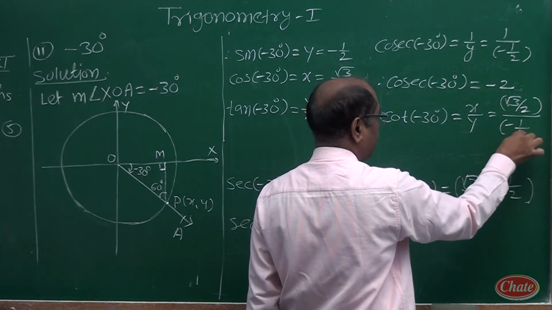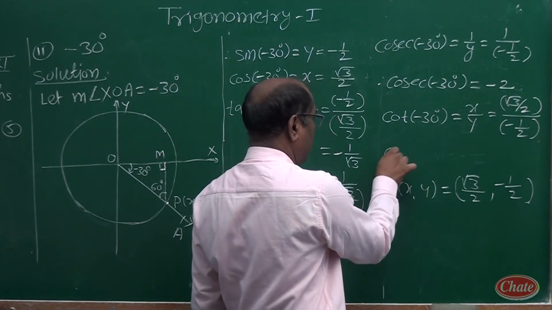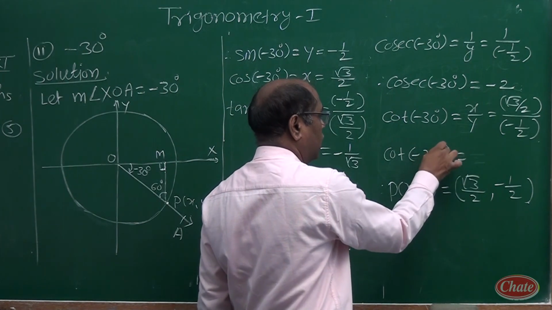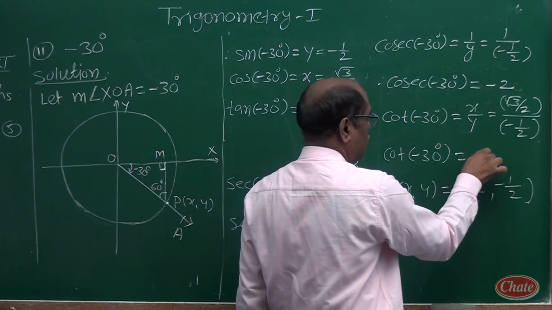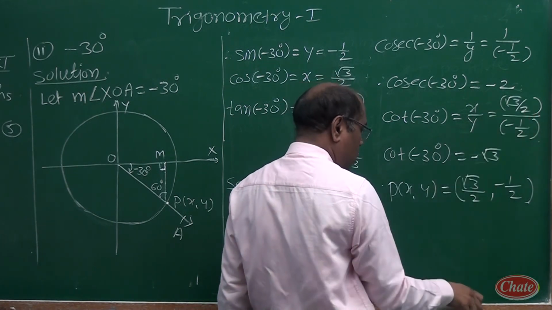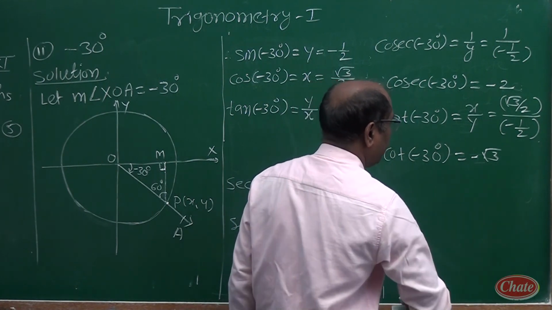Minus 1 by 2. Okay, so here 2 get cancelled. So cot of minus 30 degree is equal to minus root 3. And that is the value of cot of minus 30 degree.